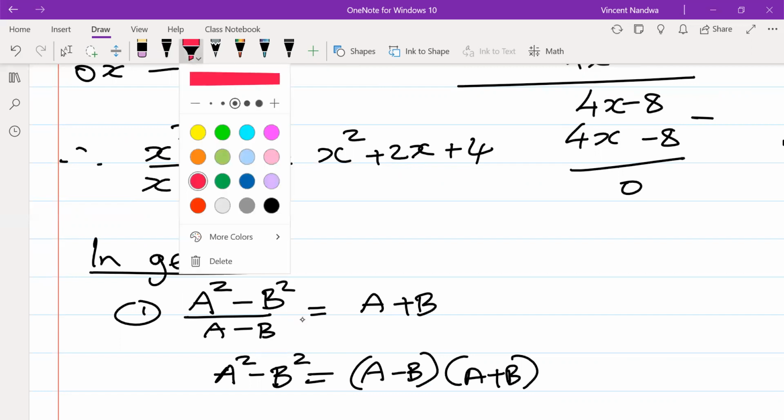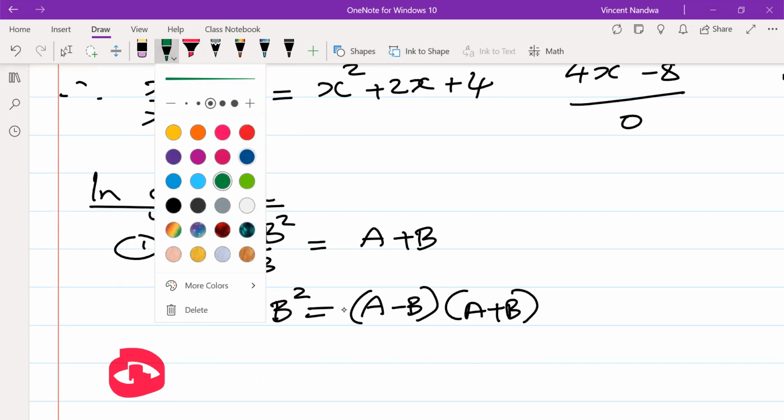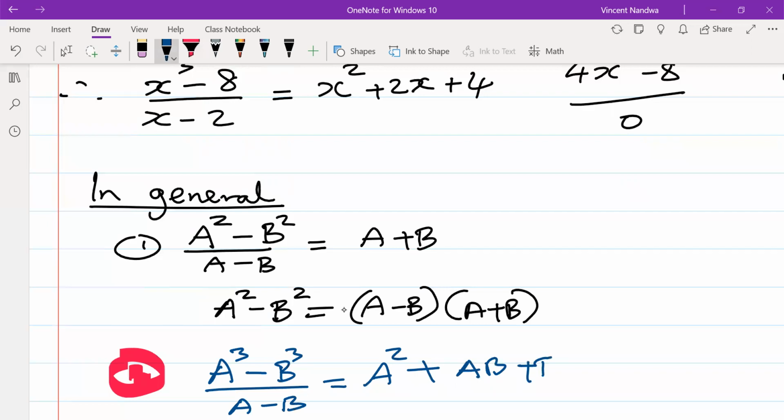And we also have a difference of two cubes. A cubed minus b cubed over a minus b is a squared plus ab plus b squared.